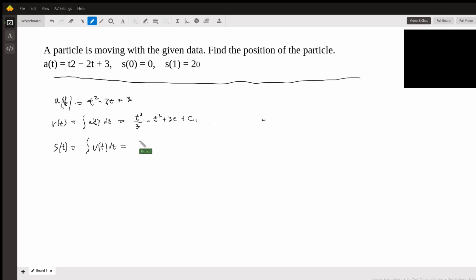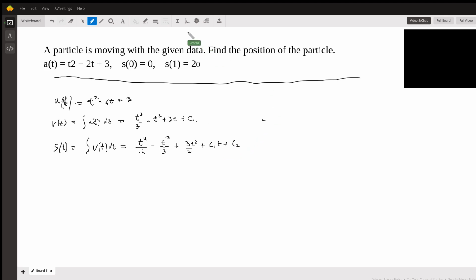So this is going to be t to the 4th over 12 minus t cubed over 3 plus 3t squared over 2 plus c1 t plus another constant c2.